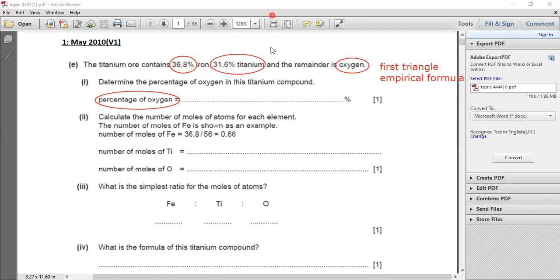In the chat box, please. If you know the answer, in 1 minute, send it in the chat box. Okay, Tarek. The summation of the compound is 100%. Iron, 36, titanium, 31, so oxygen, 1.